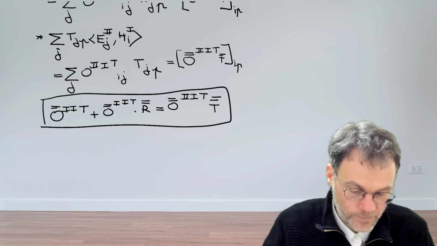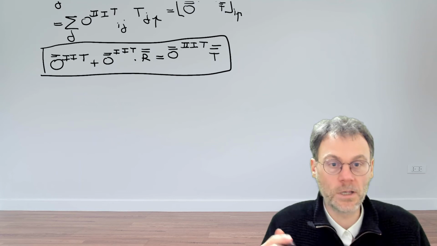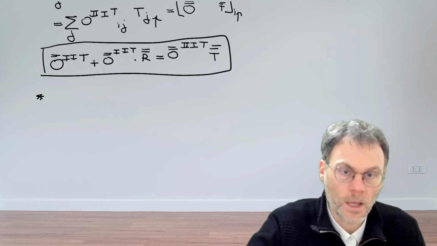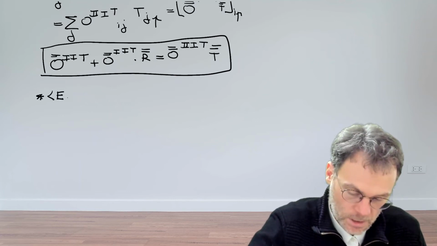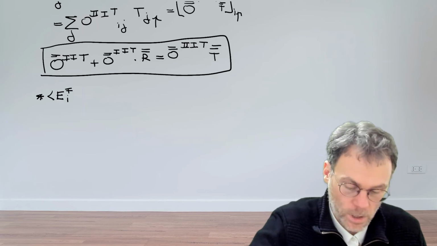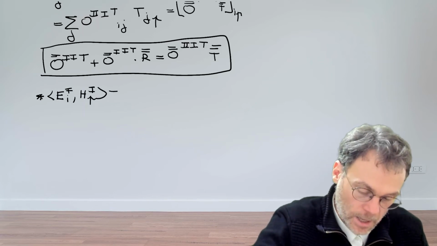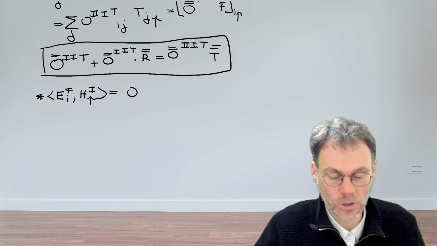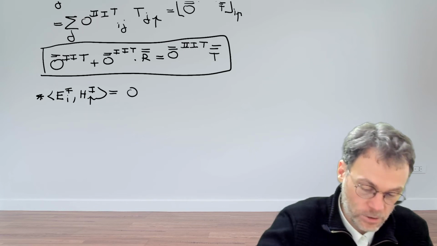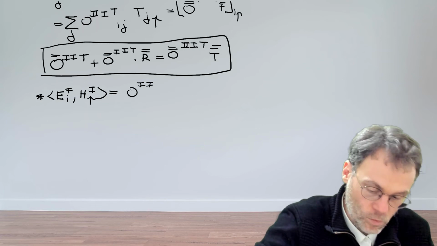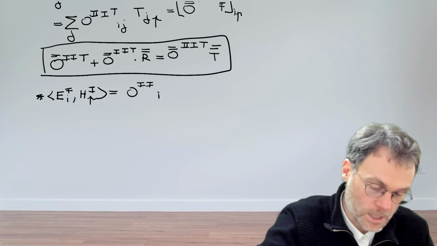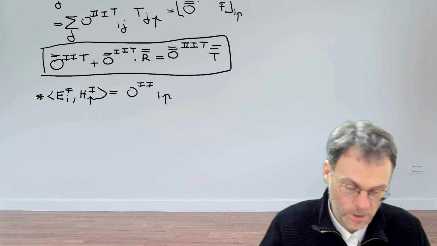Right, let's have a look at the first term of the second equation, which is E_i, H_p, and that of course is an element of an overlap matrix between medium 1 and medium 1, the ipth element.